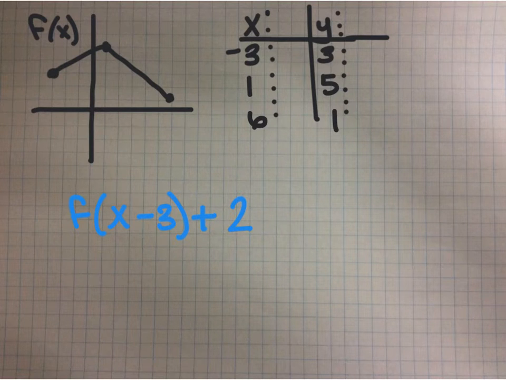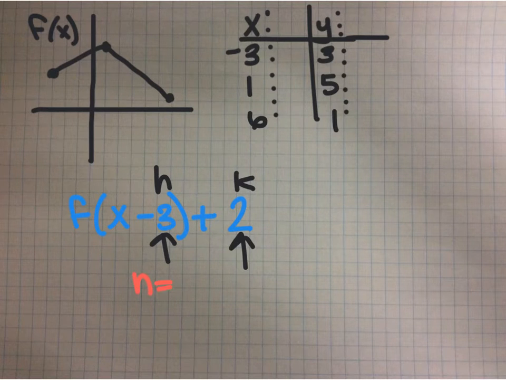Okay, so now we look at our transformation. Our new function has a 3 here and a 2 here. This is our h, this is our k. Now remember, there's x minus h in the formula, so if we see the minus, it's part of the formula. So here h is 3.